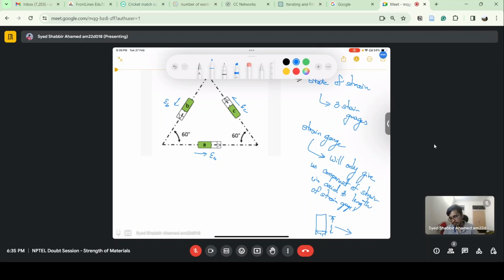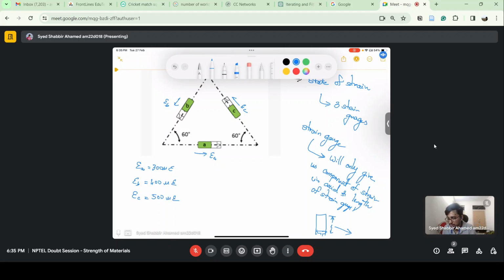So here in this question, for a delta rosette, it is given that epsilon A is 300 microstrain, epsilon B is 400 microstrain, and epsilon C is 500 microstrain.